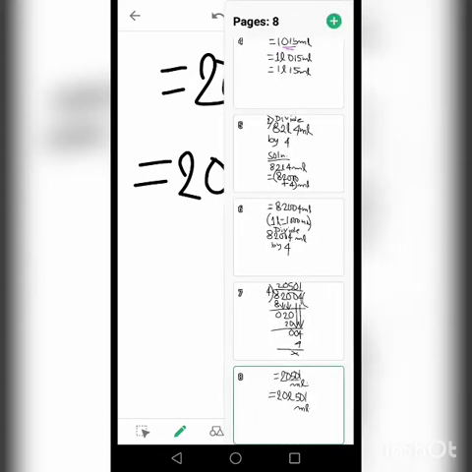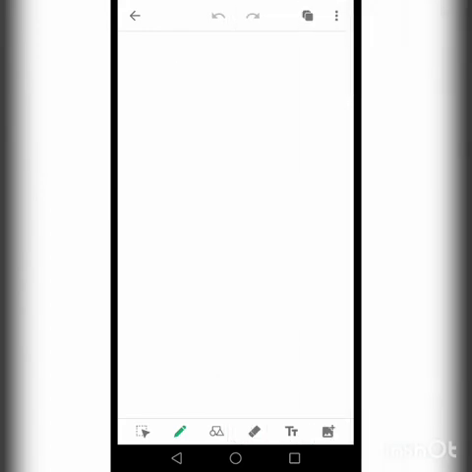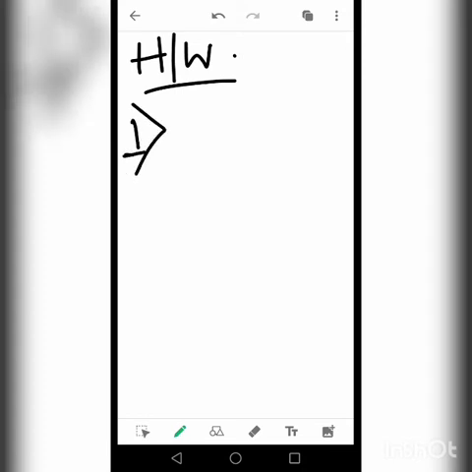Now students, from the topics that we discussed here, you write down and solve 3 sums. These are homework sums.